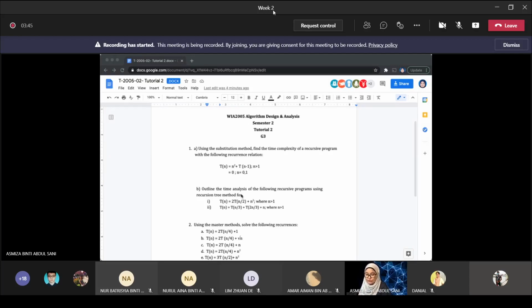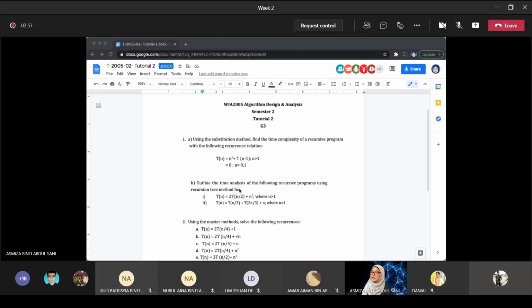Okay, so today we're going to be looking at tutorial 2. What we looked at this week is how we can analyze the running time complexity for a recursive algorithm. If your program has a recursive call, how are you going to analyze the running time complexity? Just a recap: what are the methods you can use?